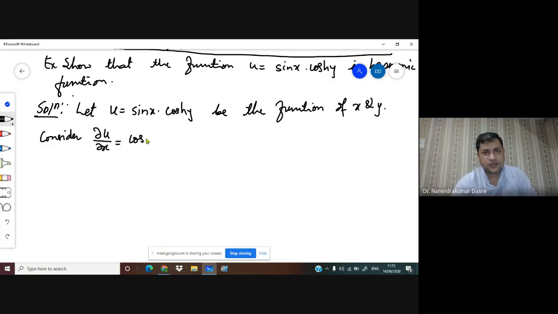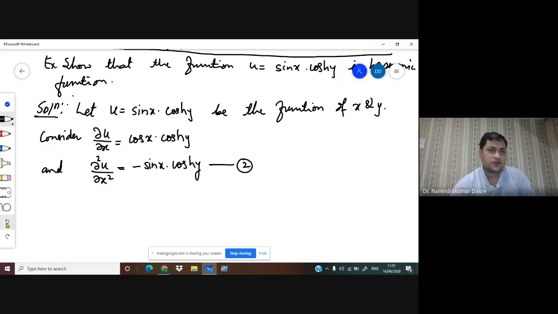The derivative of this is cos x cos hyperbolic y. Again I differentiate this with respect to x, so I get ∂²u/∂x² equal to minus sin x cos hyperbolic y. So this is going to be equation 1.